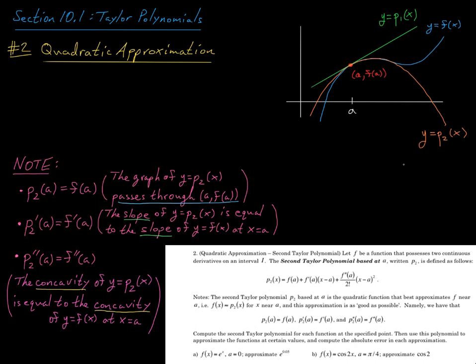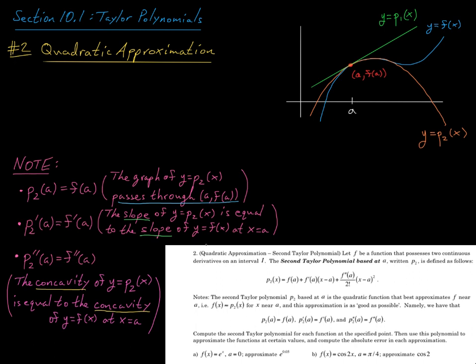And then lastly, since we're working with a parabola, a degree 2 polynomial, we can also look at the second derivative, or in other words, the concavity of this parabola. So we're also going to require that the concavity of this parabola at this point in red is equal to the concavity of this blue curve at this point in red. That says that the second derivative of p2 evaluated at a is going to equal the second derivative of f evaluated at a.